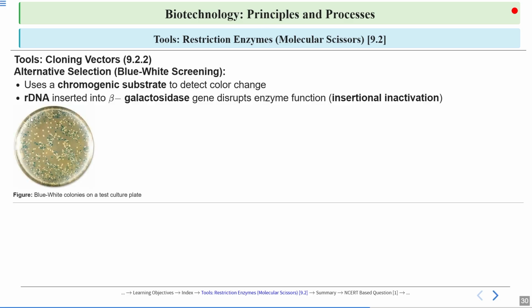And here we can see this recombinant DNA, which is inserted in beta galactosidase, will not be able to convert that substrate into blue color, so all those white colonies are the recombinant, whereas the blue colonies, which haven't been transformed, are the non-recombinant.